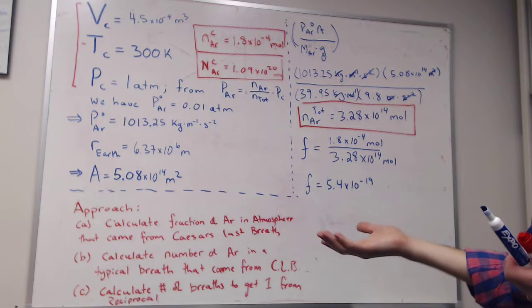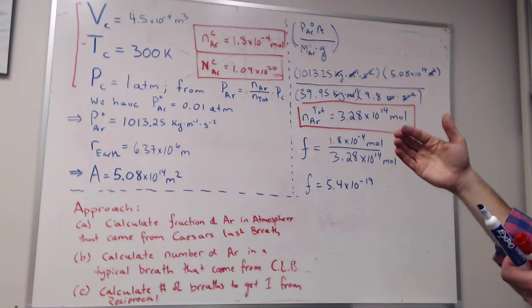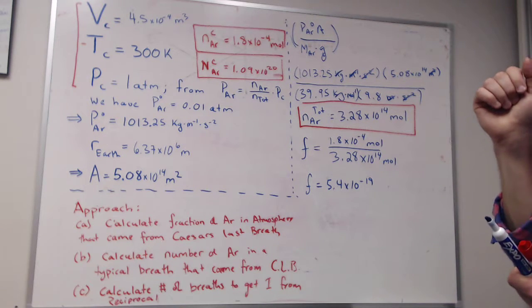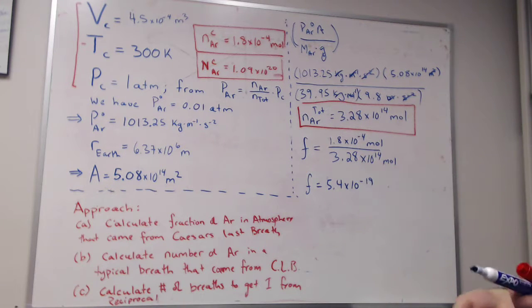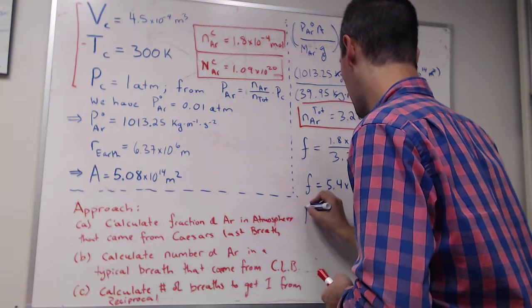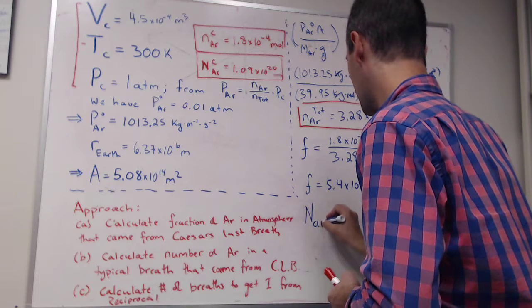The temperature of the atmosphere has not changed from his last breath until now. And we're assuming it's 300 Kelvin and 1 atmosphere. And then furthermore, the actual composition, the mole fraction of argon has not actually changed. It's still 1%.